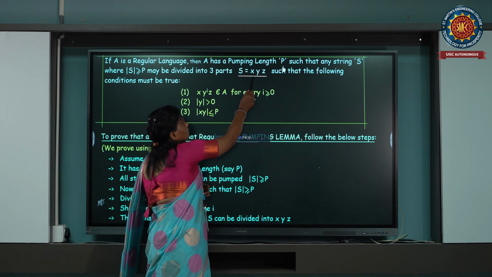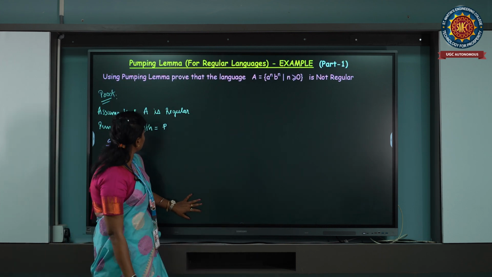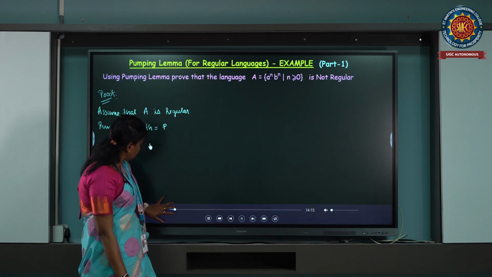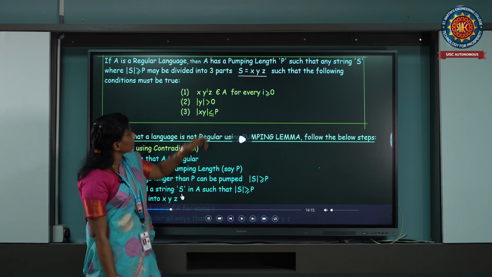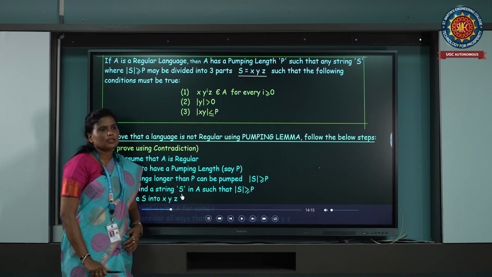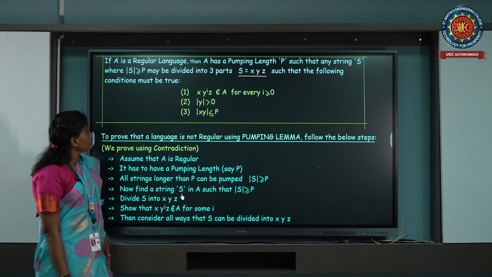Including these lengths, the length of xy should not be greater than p.